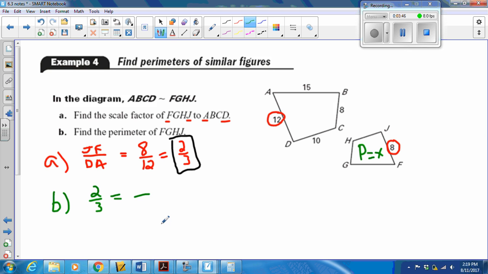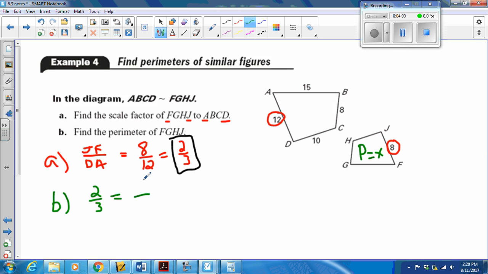of our polygons. Now in this case, right, the 2, if we went back to our scale factor, represented the side of JF. And JF was part of the polygon FGHJ.